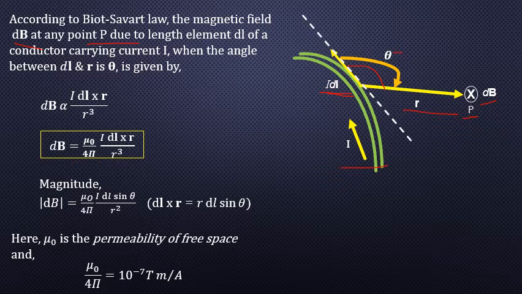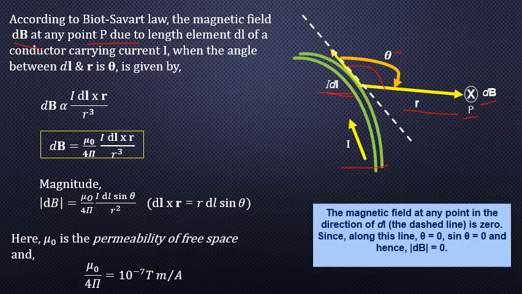One important factor to be remembered here is the angle dependence. So the magnitude of magnetic field is dependent upon angle theta. So when theta is equal to 0, obviously sine theta is 0. In this situation, according to this particular equation, sine theta 0 means the magnitude of magnetic field at point P will become 0.